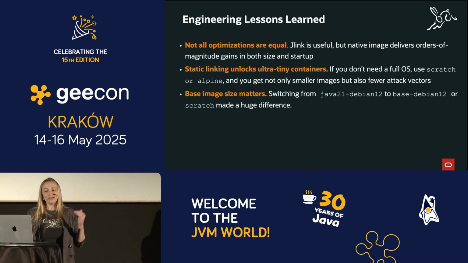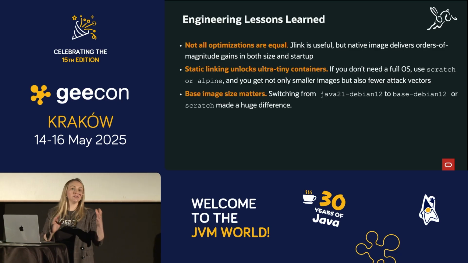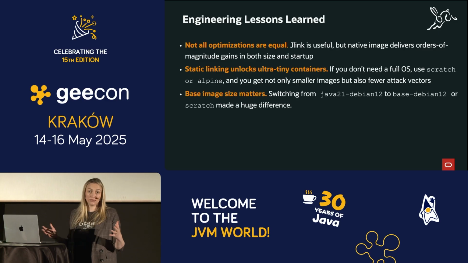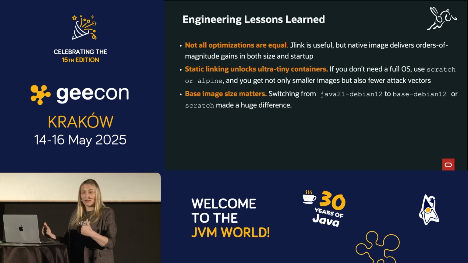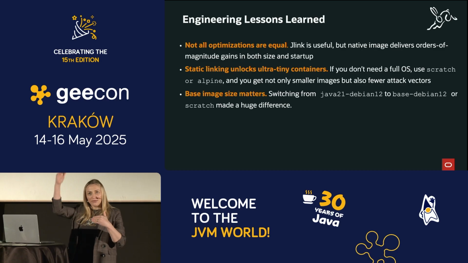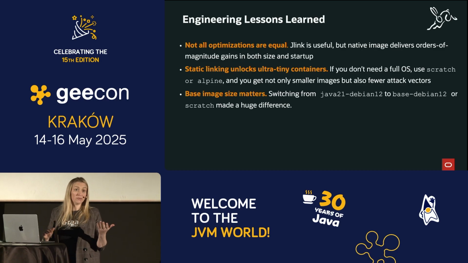Then the base image size matters. If you use the Eclipse Temurin and then you switch to Java 21 Debian, which is like half of it, a complete JVM runtime for Java 21, not for development, but for running, still, the drop in the size of a container was less than 300 megabytes.